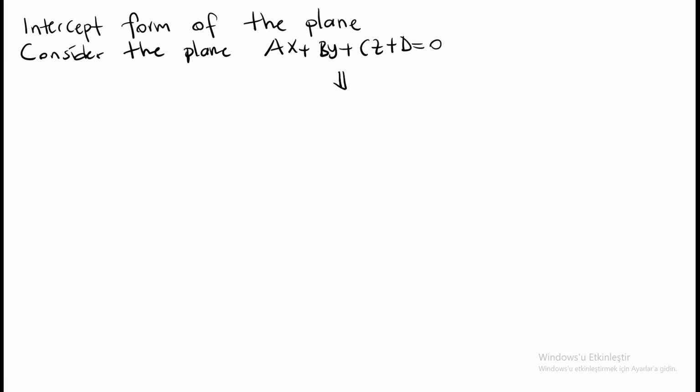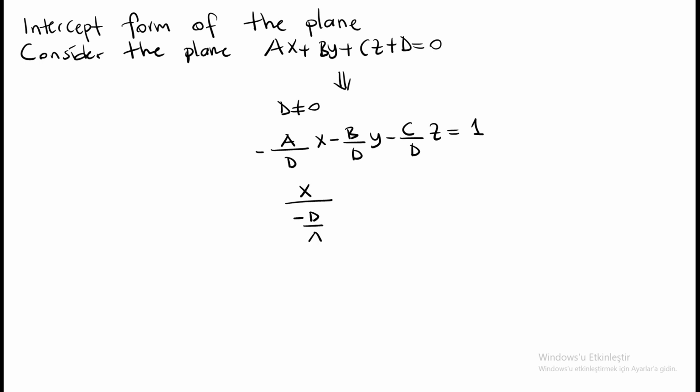So then we can write this one. Of course, D is not 0. Then we can write A over D X negative plus negative B over D Y C over D Z equals 1. Or you can write this one, X over negative D over A plus Y over negative D over B plus Z over negative D over C equals 1.